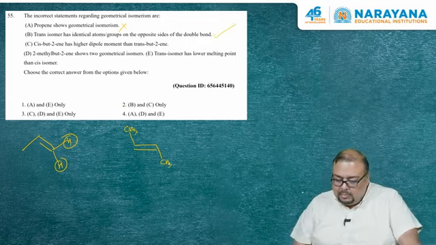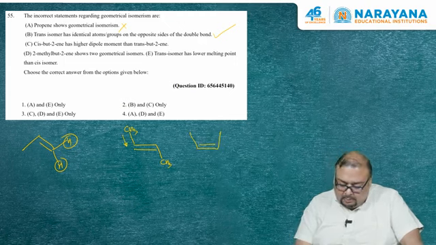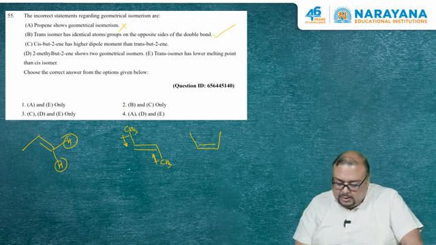Cis butene will have a higher dipole moment than trans butene. Now this is trans butene. Cis butene will be something like this. In this case, the dipole moment vectors will be like this, and they will cancel each other out.